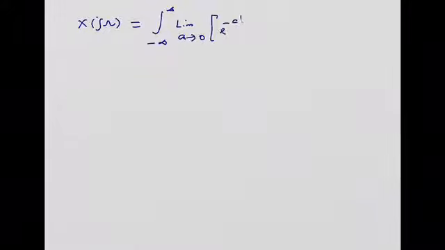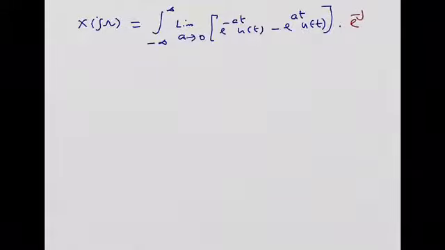So in this formula, when the substitution in the place of x of t is made, it will be modified as limit a tends to 0 of e power minus at u of t minus e power at u of minus t, into e power minus j omega t dt.